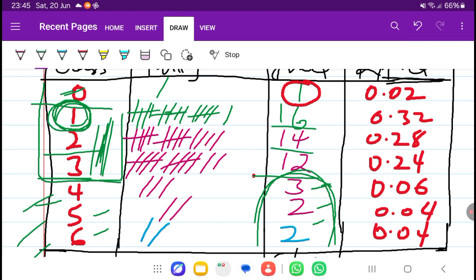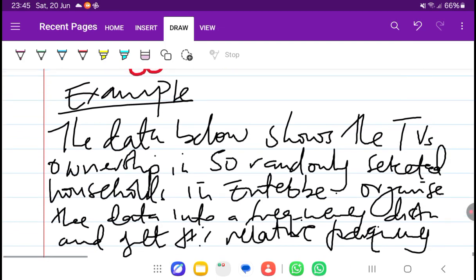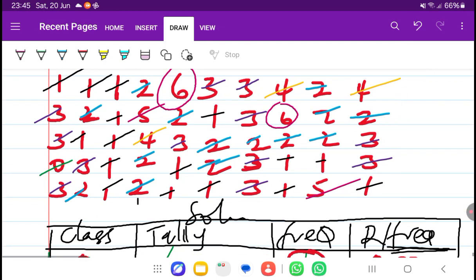But if they had given you the data as we collected it in here, as you are seeing these numbers, you can't make an analysis with this kind of data set.